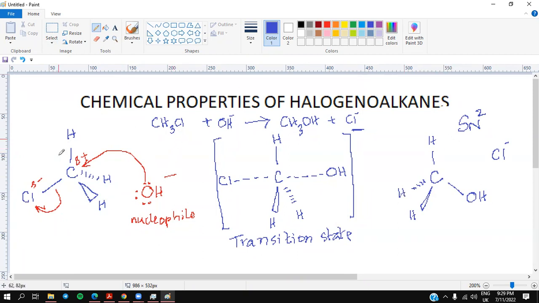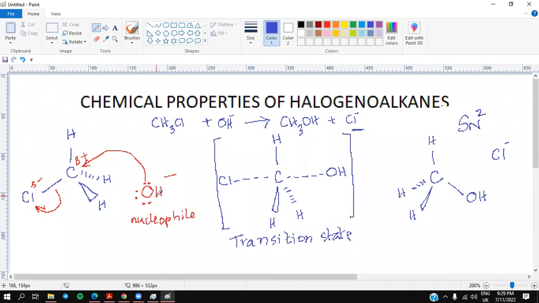In this reaction, the chlorine atom goes out when OH comes in. If OH doesn't come in, Cl- will not go out. Because of that, I say that for this reaction, both the halogenoalkane and the nucleophile are equally important. If you don't bring the nucleophile towards the halogenoalkane, this reaction will not happen.